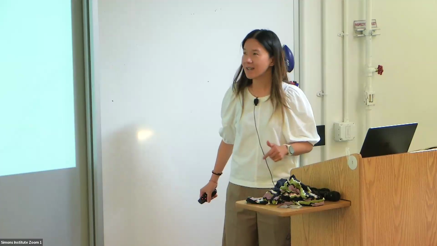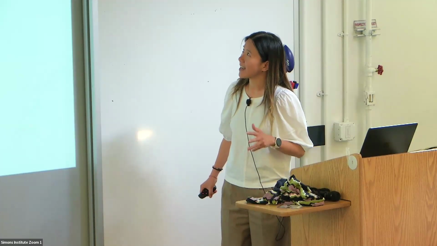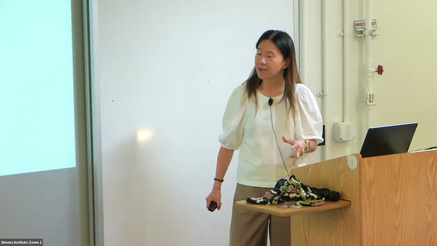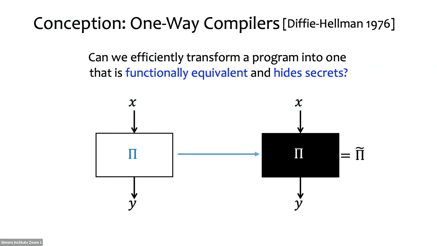Already back in 1976, starting from the first public proposal of public key cryptography, Diffie and Hellman, together with other cryptographers, were wondering whether we can efficiently transform a program, pi, that may have lots of secrets inside, into another program that is functionally equivalent and hides secrets.